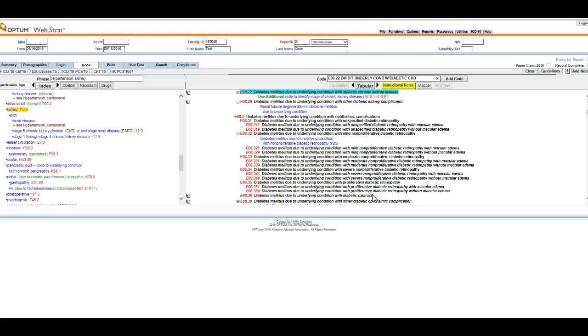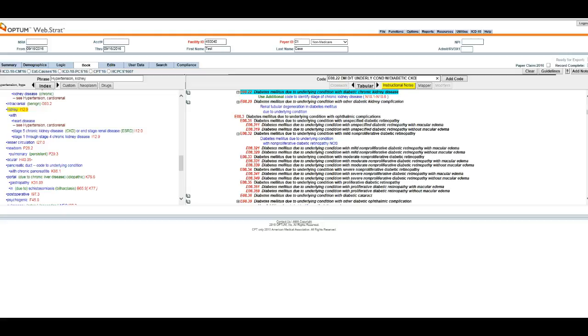accurately. So the provider says that chronic renal failure, end-stage renal disease, is secondary to the following. Secondary meaning that this particular condition, renal failure or kidney failure, is a manifestation of a disease progression. So the disease progression began with diabetes.